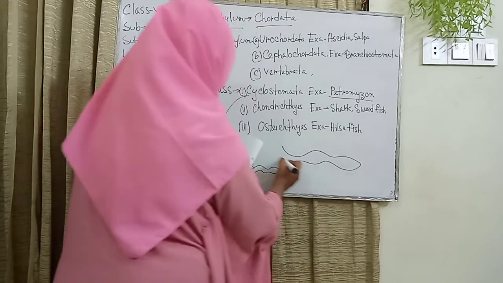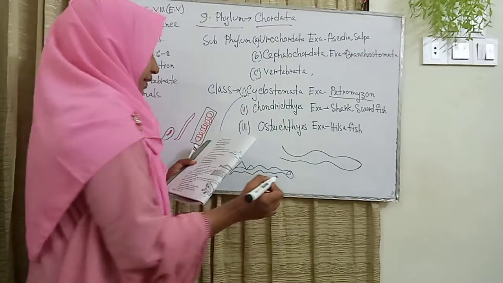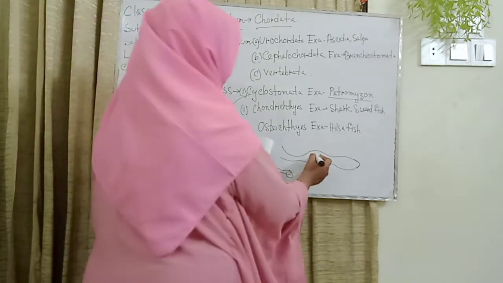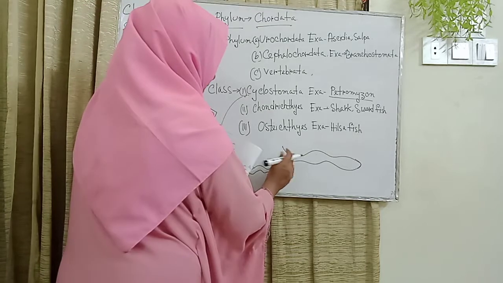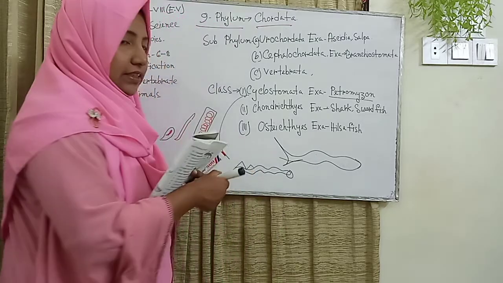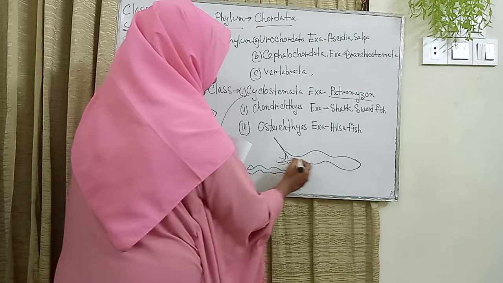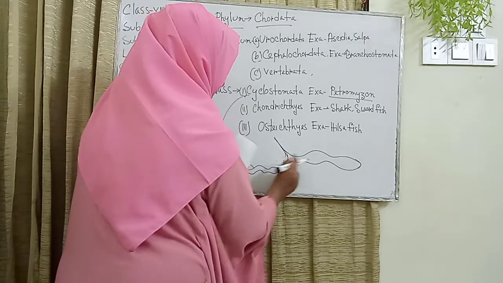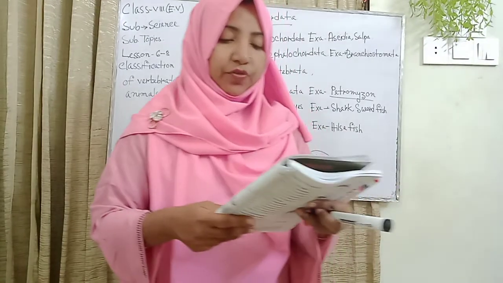Their skin has placoid scales, 5 to 7 pairs of gills, and a streamlined body with a heterocercal tail. When the two lobes of the tail are equal, it is called a homocercal tail, but this shape is heterocercal. Examples: shark and swordfish.